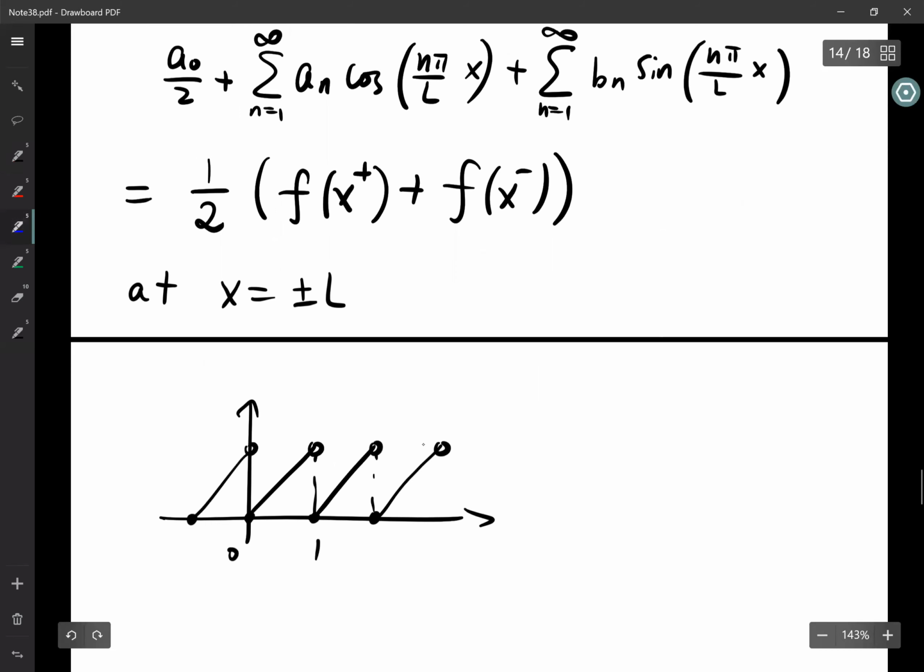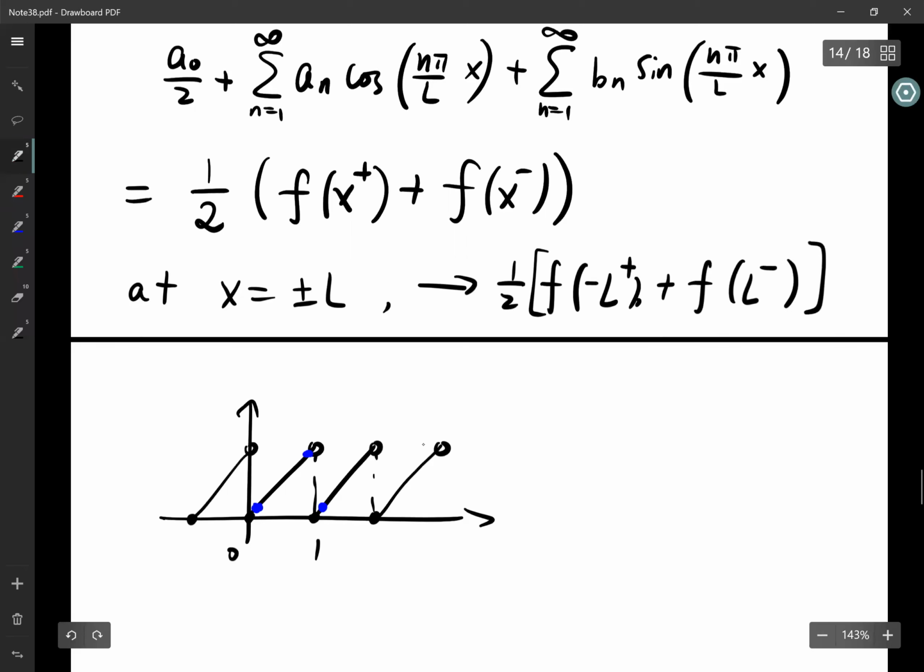When I think about the convergence of the Fourier series here, you should consider the value here and the value here. But this value is exactly this thing. So it should converge to 1/2 of f at minus L plus, and f at L minus. So just a little bit below here and a little bit above here.